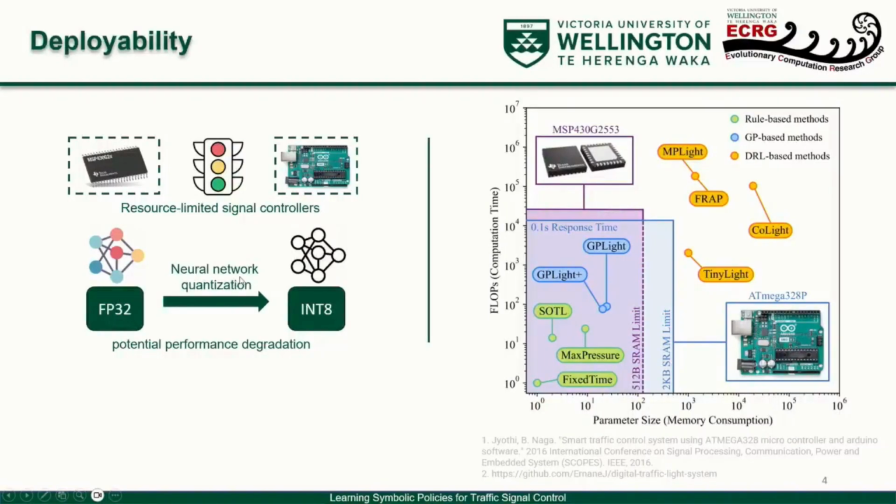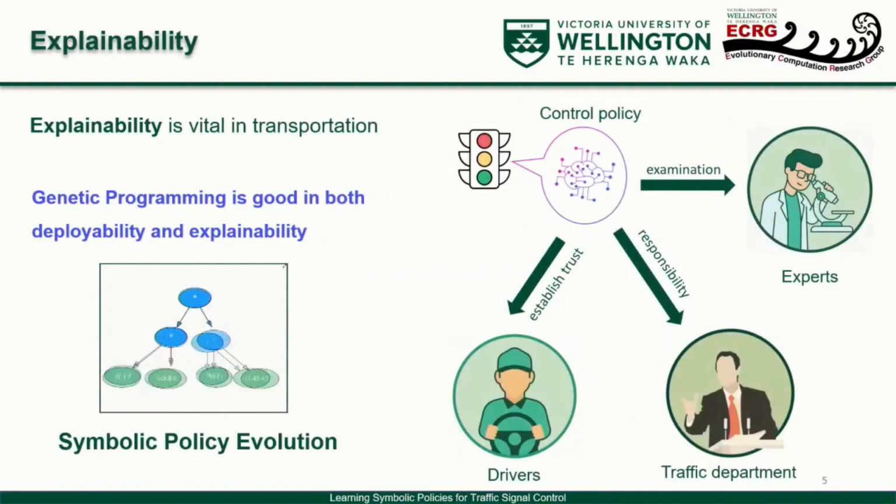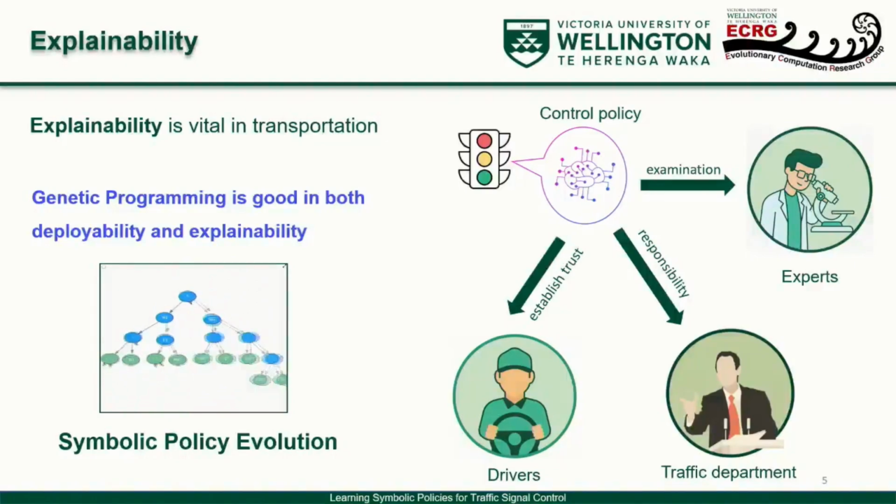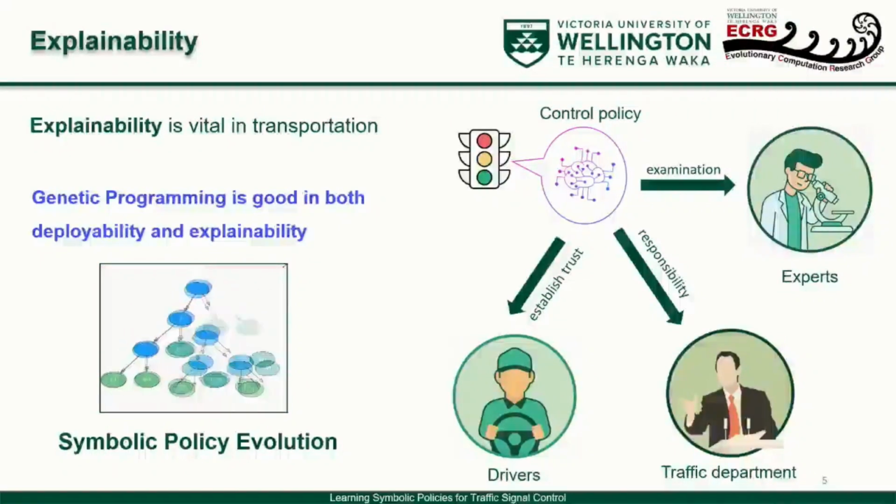But after simplification of the neural network, you will get some degradation of performance. And explainability too: a deep neural network, a black box, is hard to explain. That's why we are considering genetic programming, which could be good in both deployability and explainability.